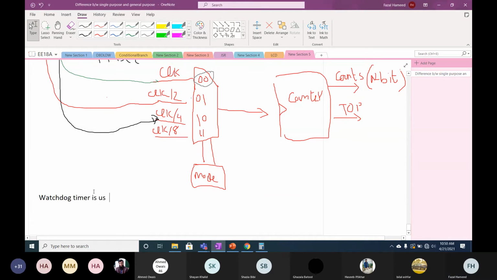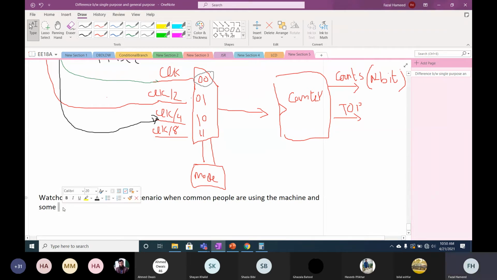It is used when people are using any machine, and some common people may not actually know how to operate the machine. So it's possible. Now let's assume there is an ATM in the bank.